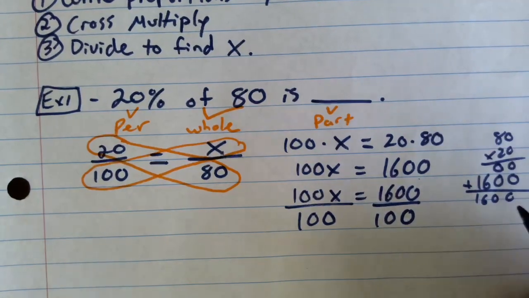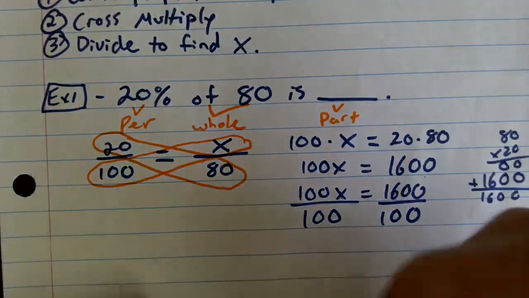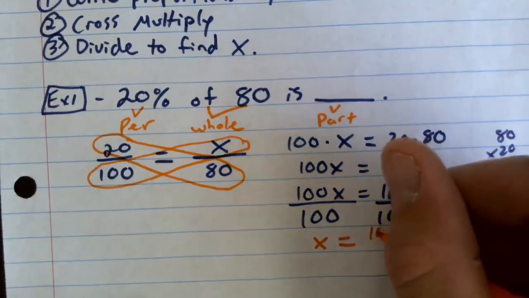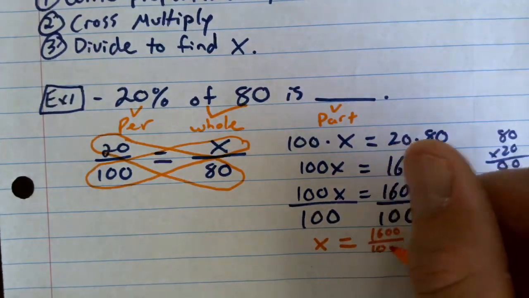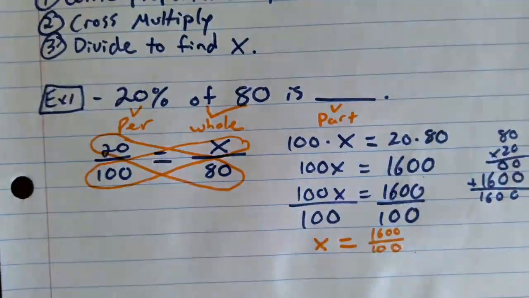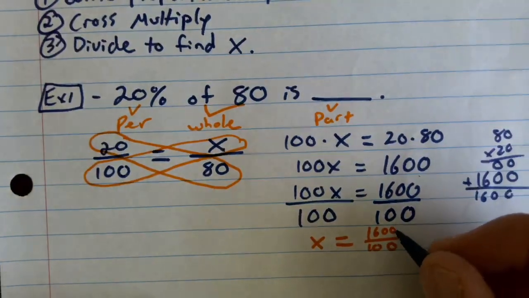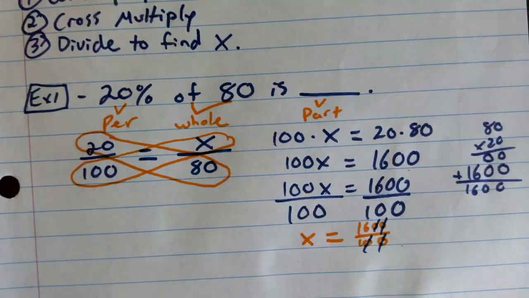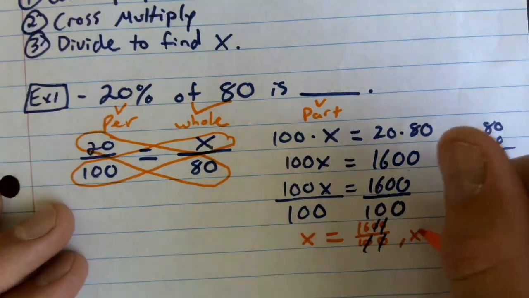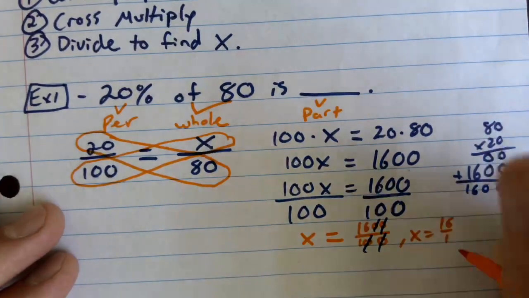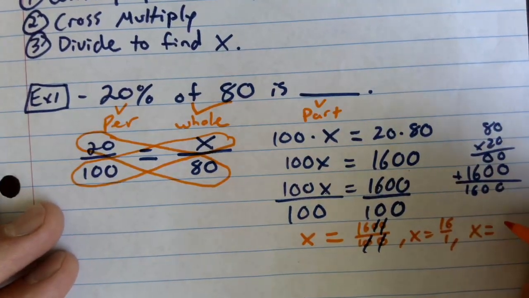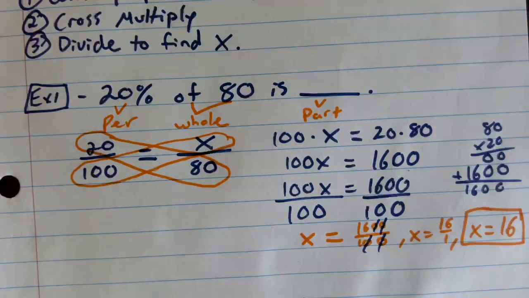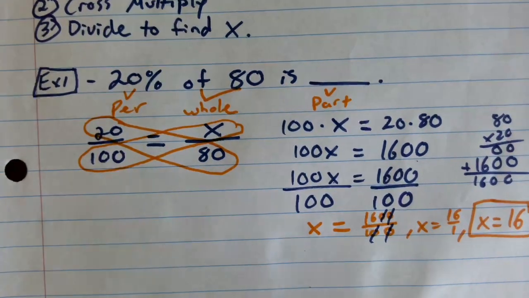So now we have x equals 1600 over 100. Okay? Now, this is nice because we have 2 zeros up top, 2 zeros down below. So now we have x equals 16 over 1, or x equals 16. That's it. X equals 16.